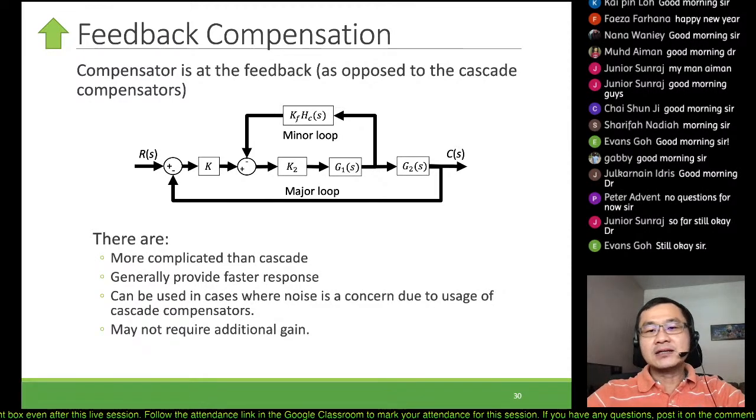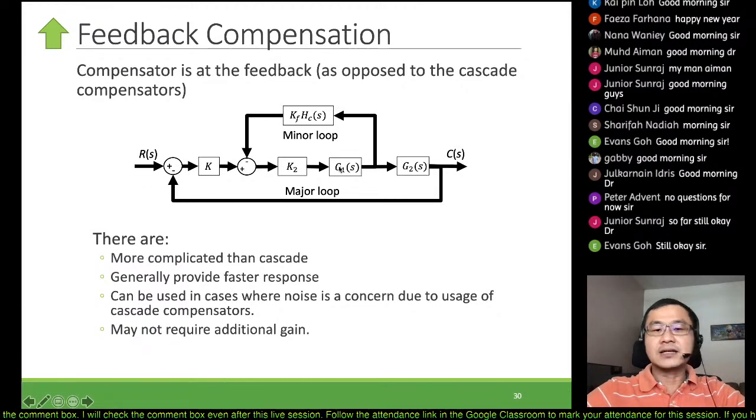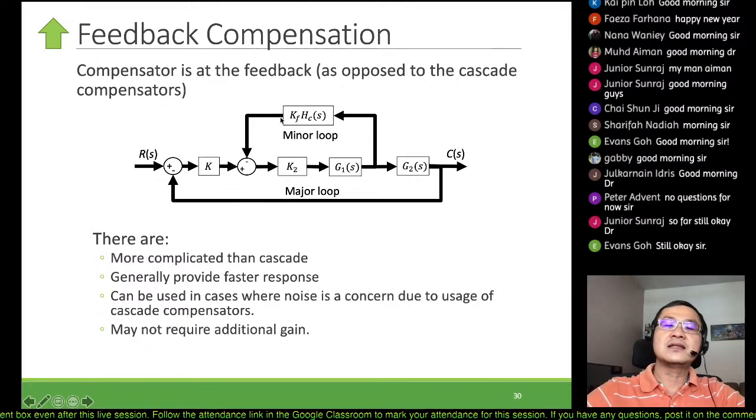So again, as I've mentioned previously, we will not go in depth about the feedback type of compensator, but we just have a look at the idea behind it. In the feedback type of compensator or controller, you put the compensator in the feedback loop.